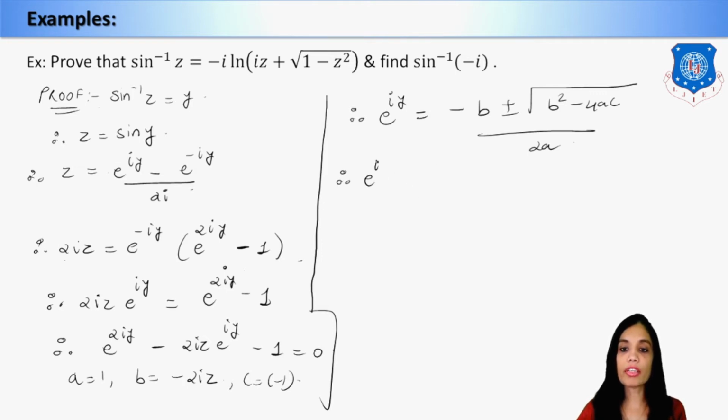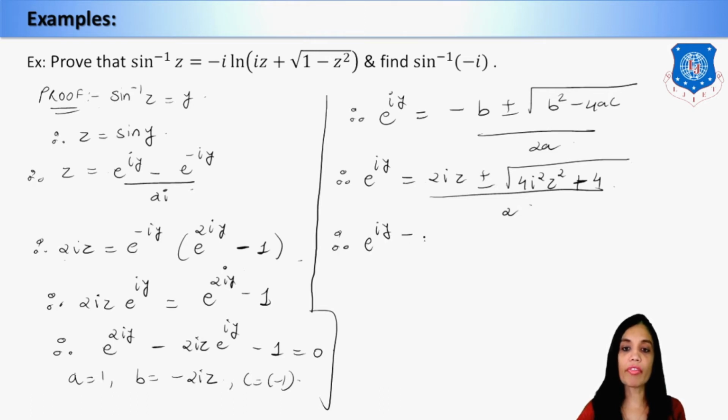Therefore, your e raised to iy is equal to 2iz plus or minus under root of 4i square z square, right? 4i square z square minus 4 into 1 into minus 1. So plus 4, upon 2a. Now let us modify this and write our simplified answer.